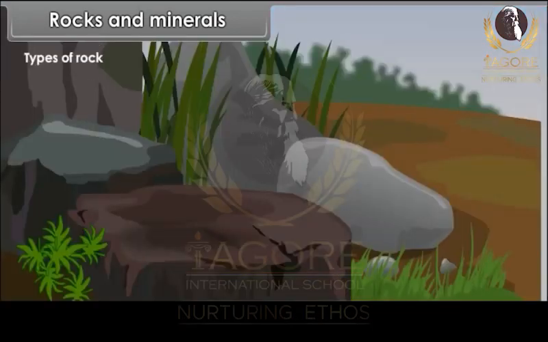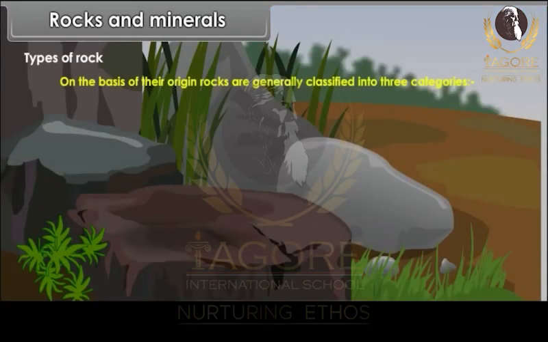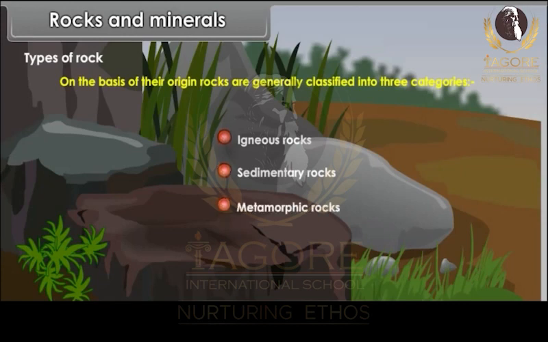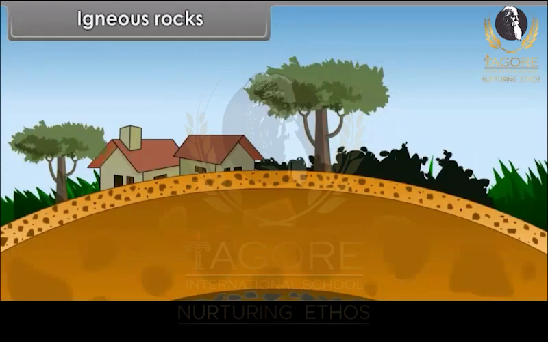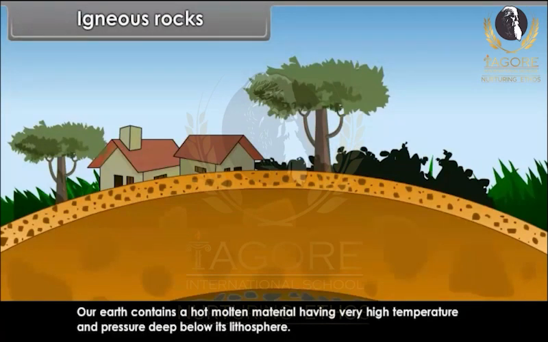Minerals are very important for the development of humankind. Types of rock. On the basis of their origin, rocks are generally classified into three categories: igneous rocks, sedimentary rocks, and metamorphic rocks. Igneous rocks. Our Earth contains a hot, molten material having very high temperature and pressure deep below its lithosphere.